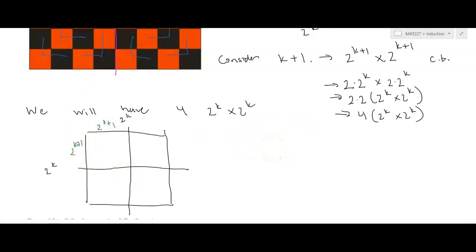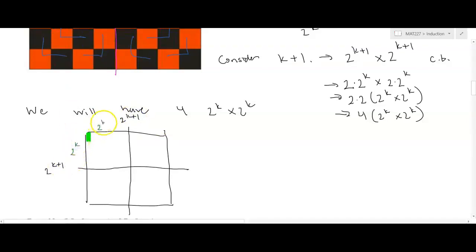And now suppose that any square is covered up. So suppose there's some square covered up over here. Well, I already know that this, I'm sorry, I made a mistake: these are 2 to the k's, and the whole picture is 2 to the k plus 1.